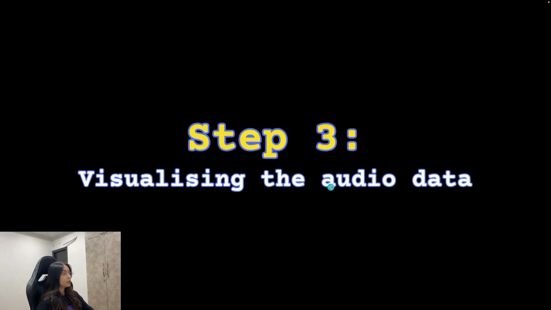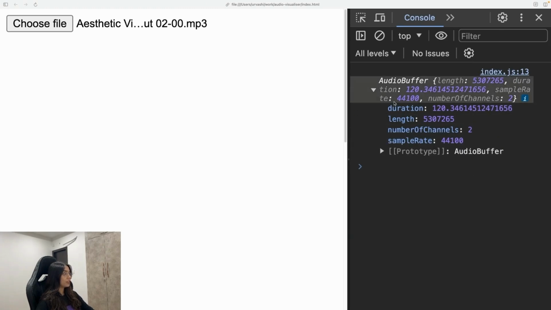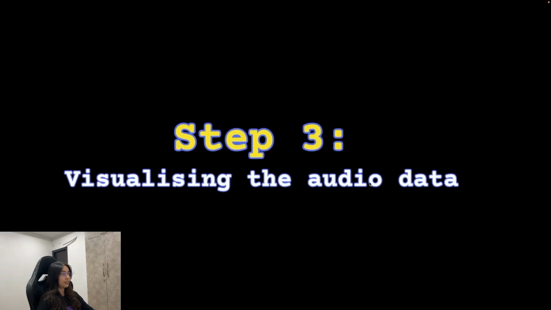In order to visualize this audio buffer, we need to first understand these properties a little bit because we're going to be plotting these properties into a graph. So we need to understand what property is useful for us when we want to plot it into some sort of visualization or chart. First, let's take a look at what channels are.